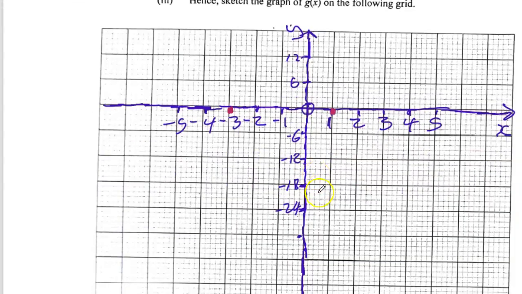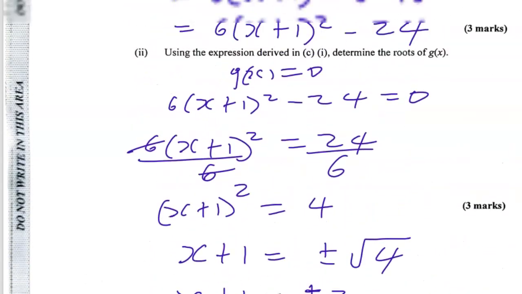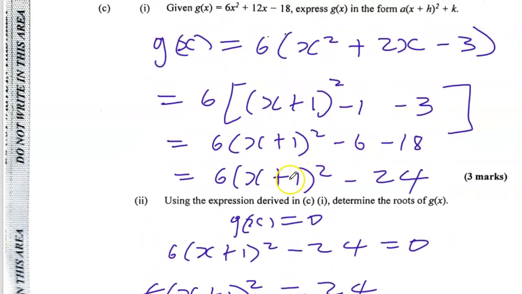Which would be here. And then, let's look at when we completed the square. When we completed the square, this was what we got. So the turning point here would have been whatever value makes the bracket 0, which would be negative 1. And then the k value, negative 24.